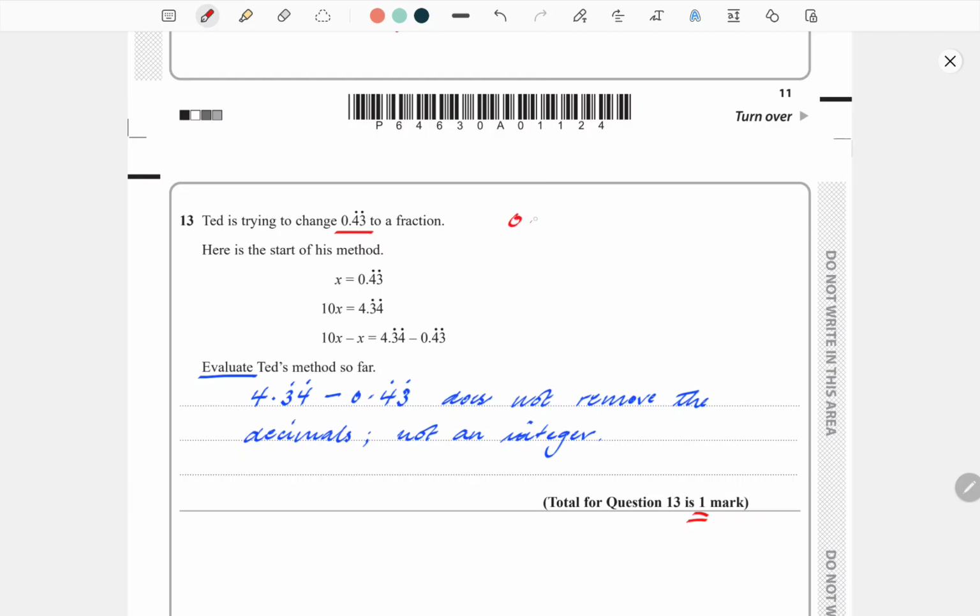So that actually means 0.43, 43, 43, etc. Notice you would need to move the decimal place times 100 in order to get 43.4343, right? Because you want the decimals to line up exactly, all right? Now, in this case, look here, by multiplying it by 10, the decimals do not line up.